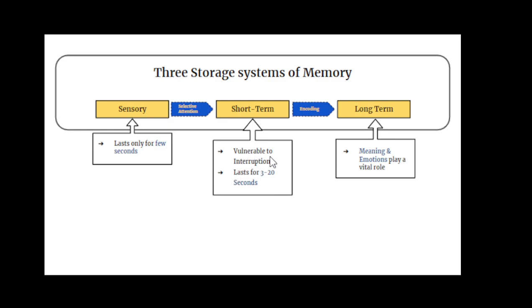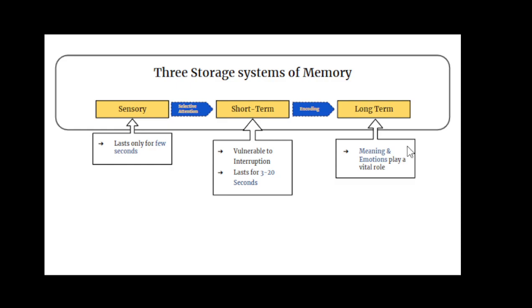What does this mean? Suppose someone says, I am telling you a number, try to remember it, and at the same time there's loud music playing somewhere around, so you might not be able to remember that number efficiently, because your short-term memory is getting interrupted by the sound that is playing around. So that is what is meant by vulnerable to interruption.